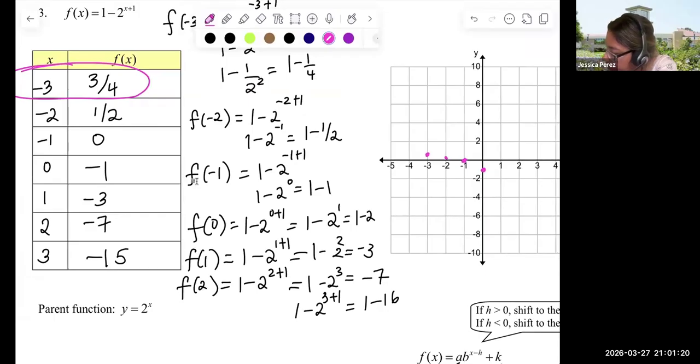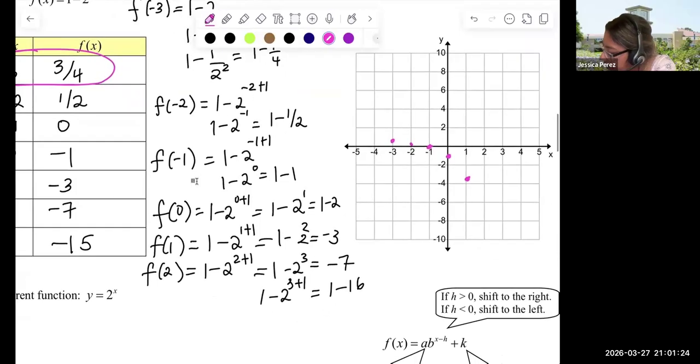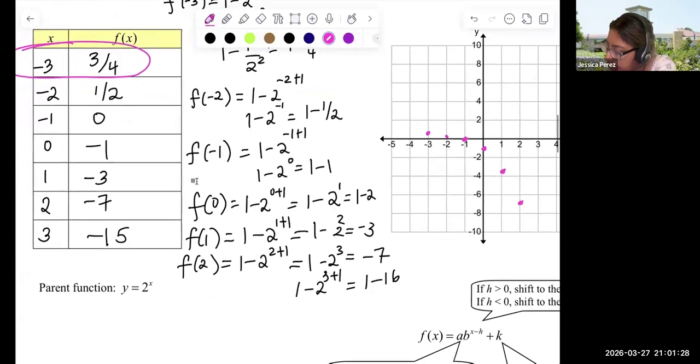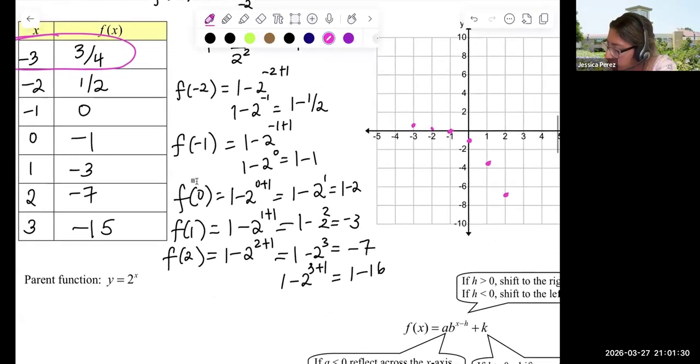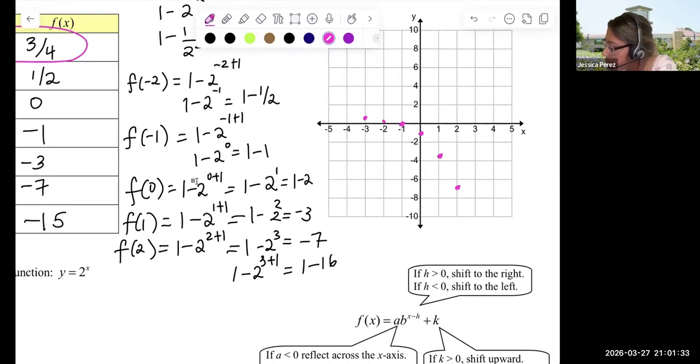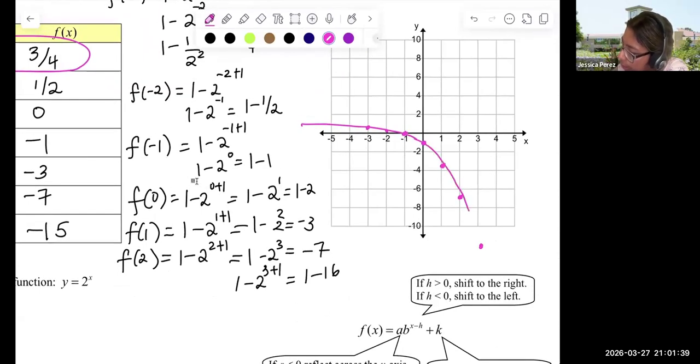At 1, I will have -3. At 2, I will have -7. And then at 3, -15. So all the way over here. That means it's going to shift like this. So this graph right here is exactly y equal 1 minus 2 to the x plus 1.